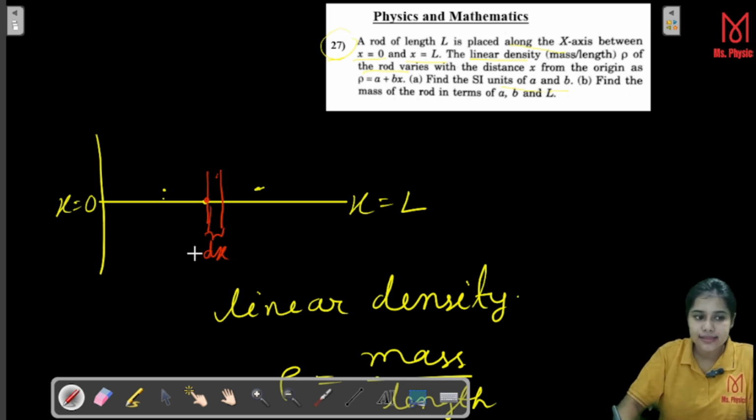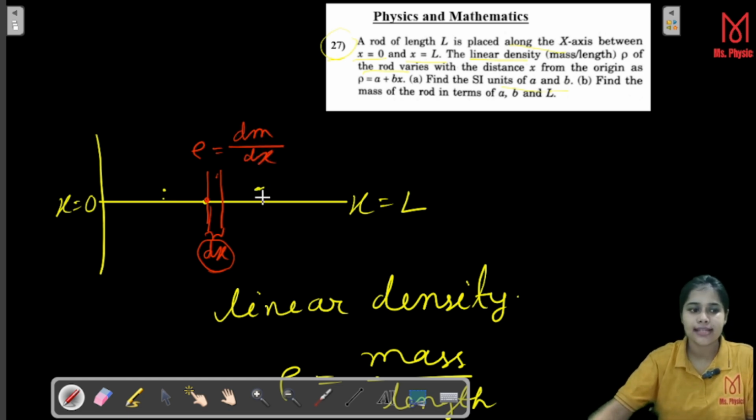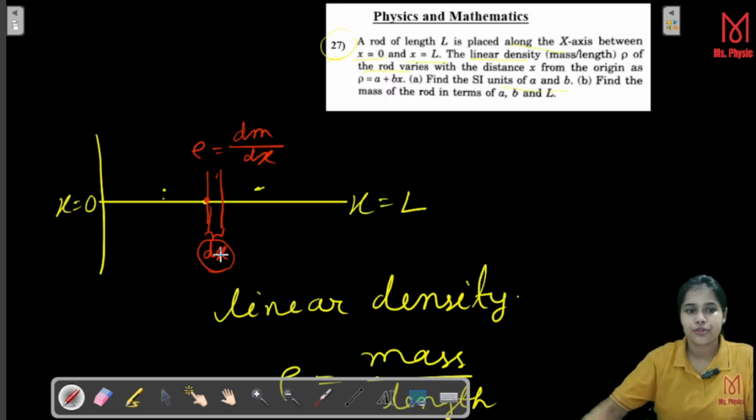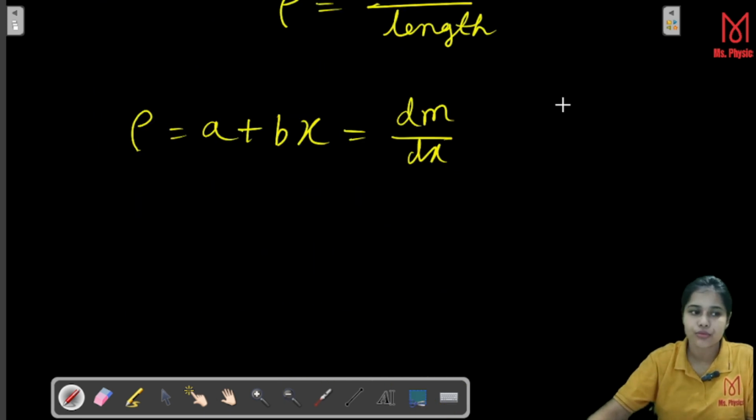So for dx length, what will be rho? Rho will be dm by dx. So I can write dm by dx is equal to a plus bx. Now first you have to calculate the SI units of A and B. So how to find it?